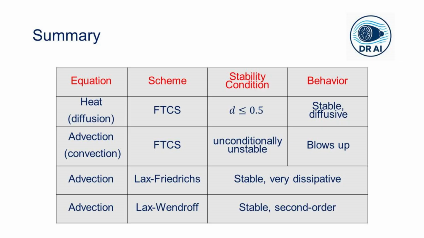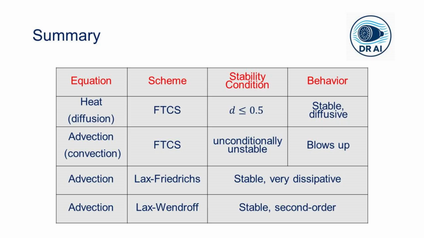Second, we discussed the advection scheme using FTCS, which was unconditionally unstable. This is why we never use FTCS for convection. Third is the error types. We saw dissipation (damping) and dispersion, corresponding to phase speed errors. The modified equation reveals the leading error terms.